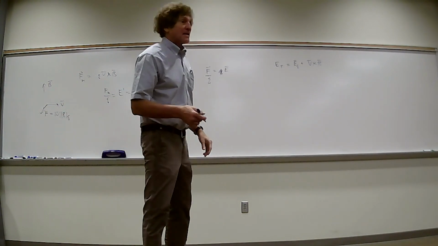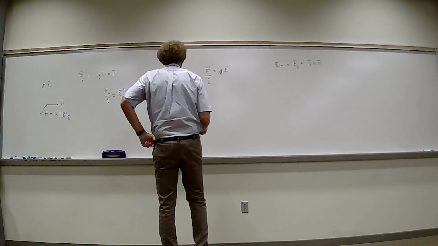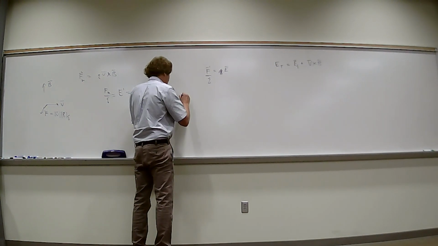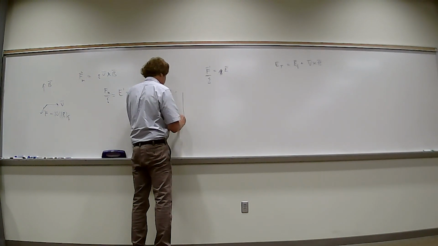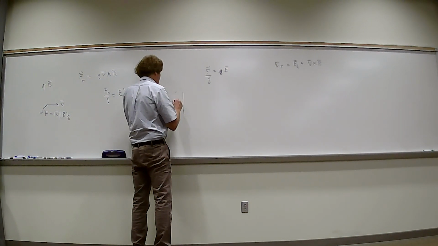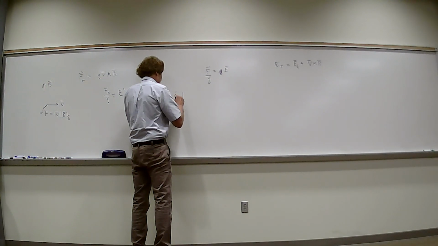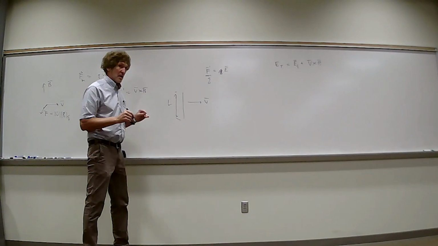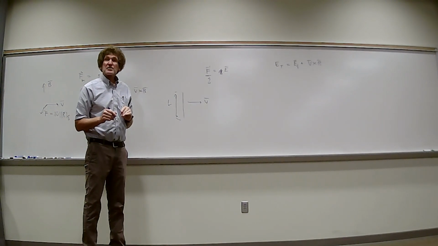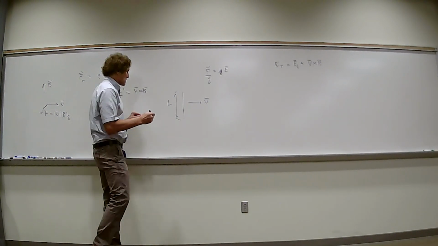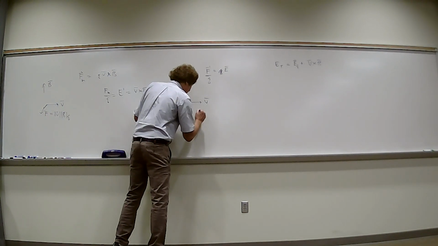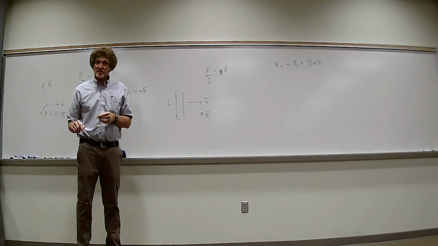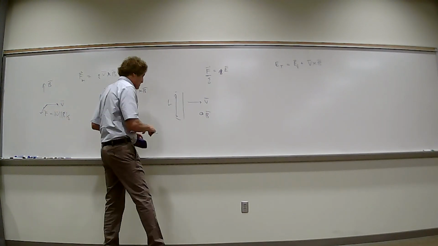Now, if you have anything moving in the presence of a magnetic field, suppose I have a bar of length L, moving in this direction. And there's a magnetic field out of the board, everywhere the same. Maybe I should put it into the board to make it easier to see.